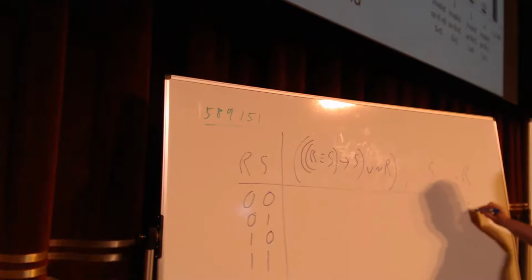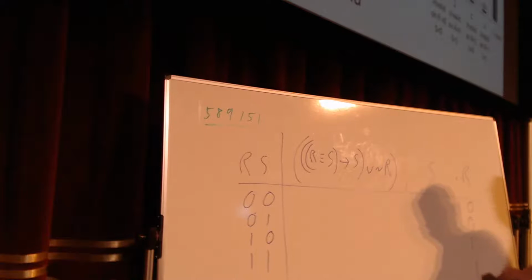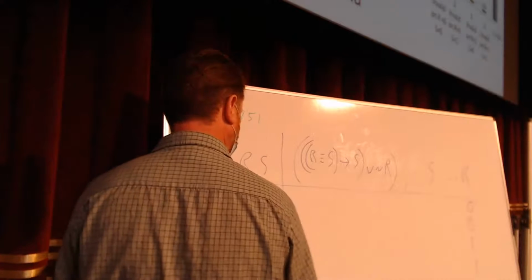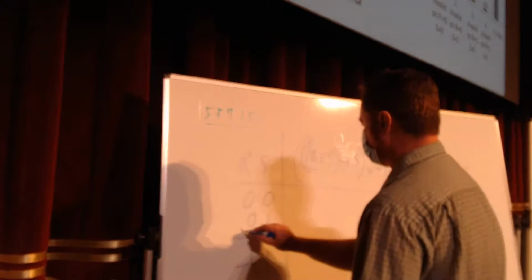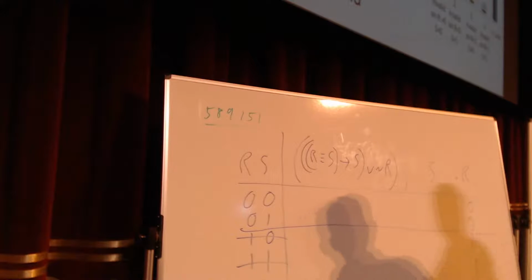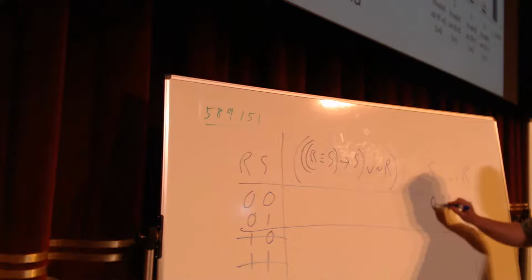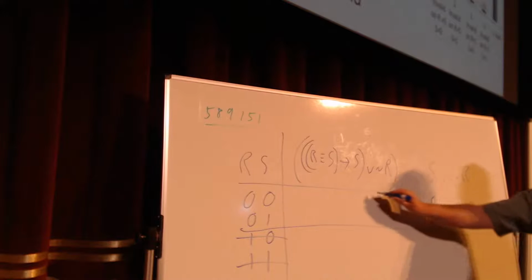I'll start with the conclusion, plug in these values. Anytime the conclusion's true, it cannot give us an invalid set of values. So we need to focus on these top two cases. We'll look at S. In the first instance, where S is false, that cannot give us an invalid set of values.